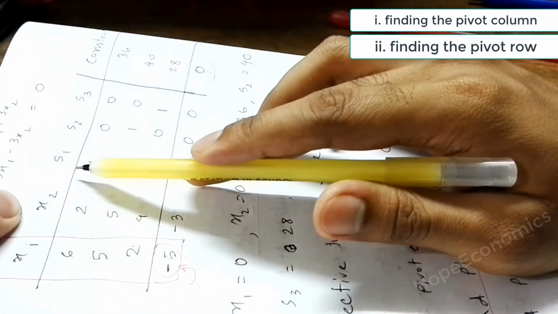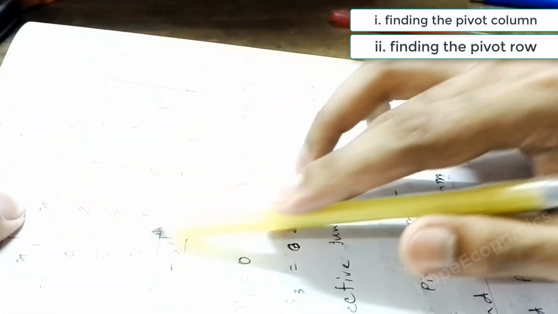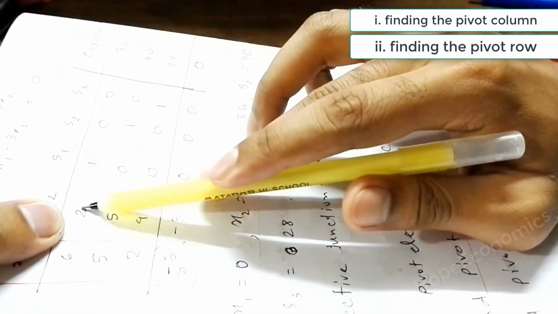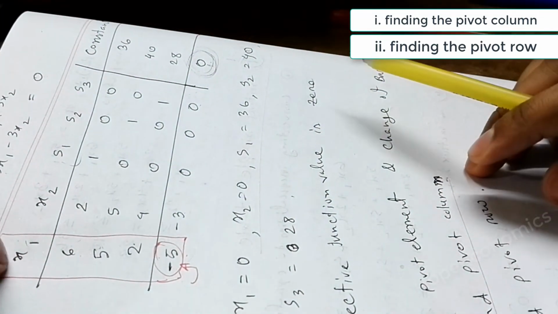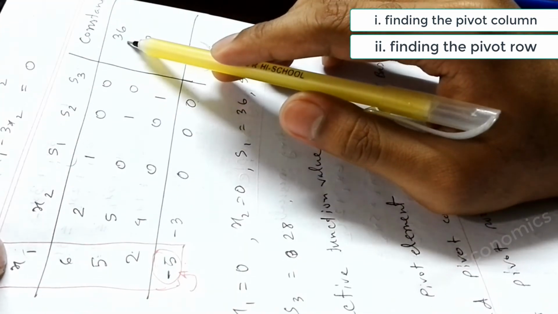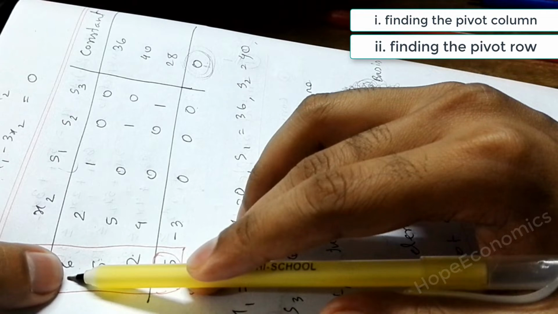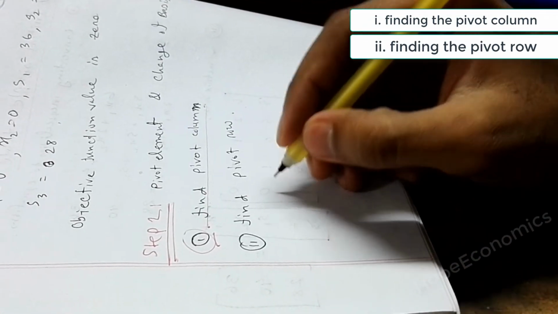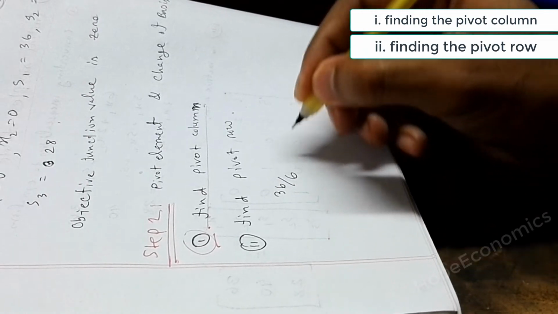If our pivot column were the second one, you would divide 36 by 2. But as our first column is our pivot column, just 36 will be divided by 6. Okay, so let's check. 36 divided by 6 equals 6.